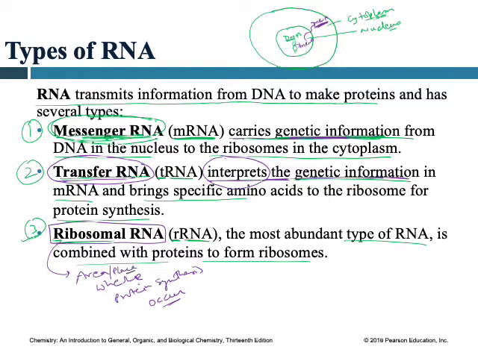So ribosomal RNA is the most abundant type and combines with proteins to form ribosomes. So ribosomes we also call a factory. It acts as a factory where all the information goes inside and the protein is normally formed, right? It's like a factory where everything is made once you have all the information that you need to make something, in this case proteins.